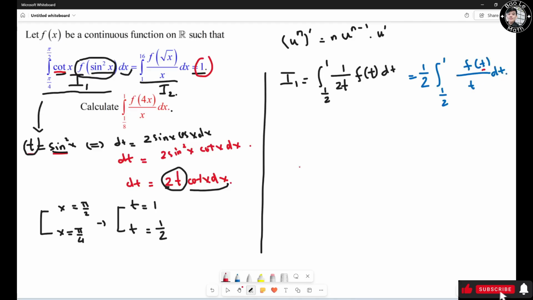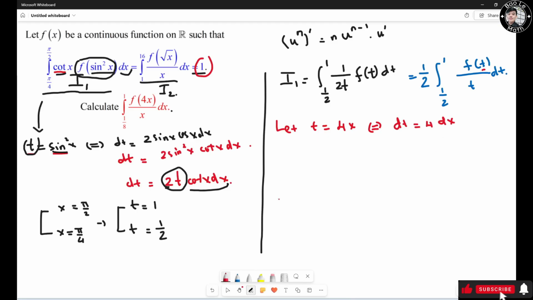Now I'm going to use substitution one more time. Let t equal 4s. Taking the derivative of both sides, dt equals 4 ds.